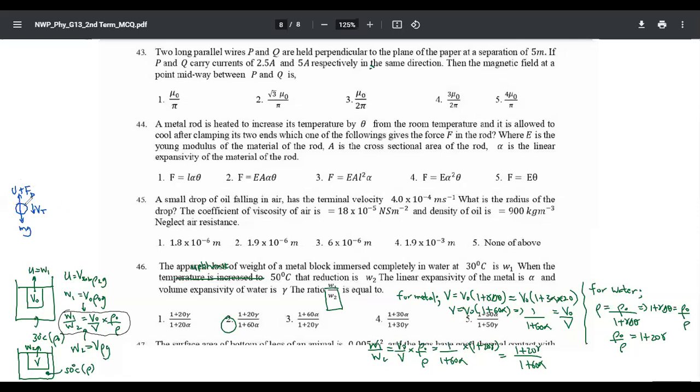So the upthrust is, I'll directly write it, 4 by 3 pi r cube rho air g, because air is the fluid around it. Plus the drag force, 6 pi eta r vt, is equal to the weight, 4 by 3 pi r cube density of oil into g.